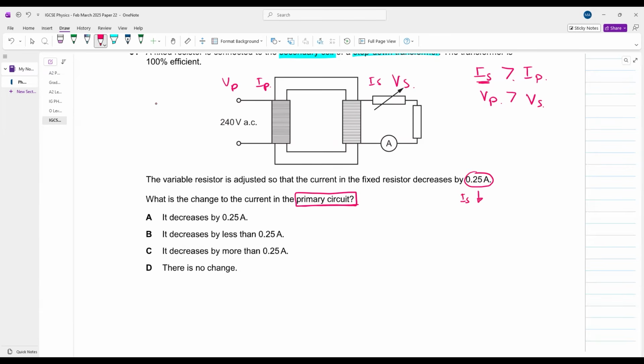Decrease, but with a lesser value than 0.5 ampere. Why? Because primary coil का current is already less than the secondary coil का current. If you decrease the secondary coil का current by 0.5 ampere, primary का उससे भी less decrease होगा.